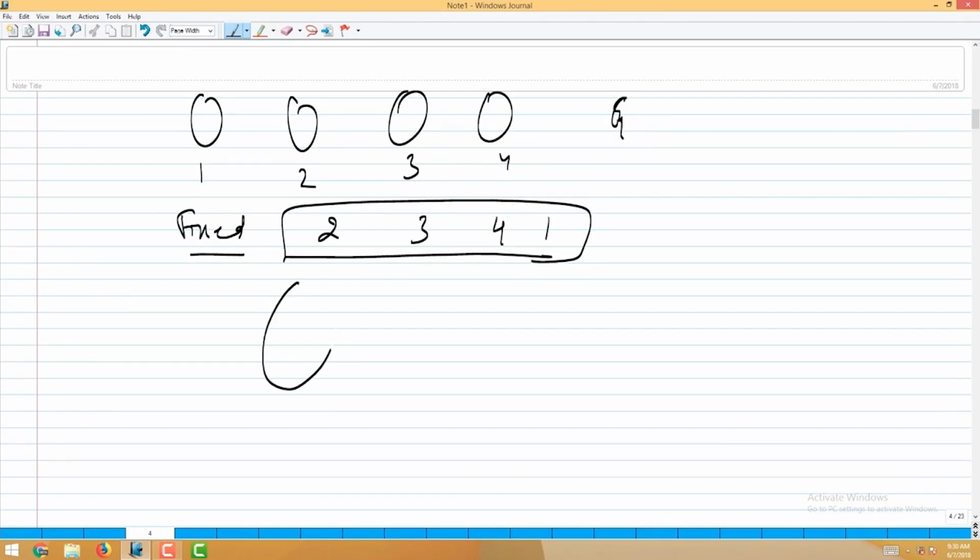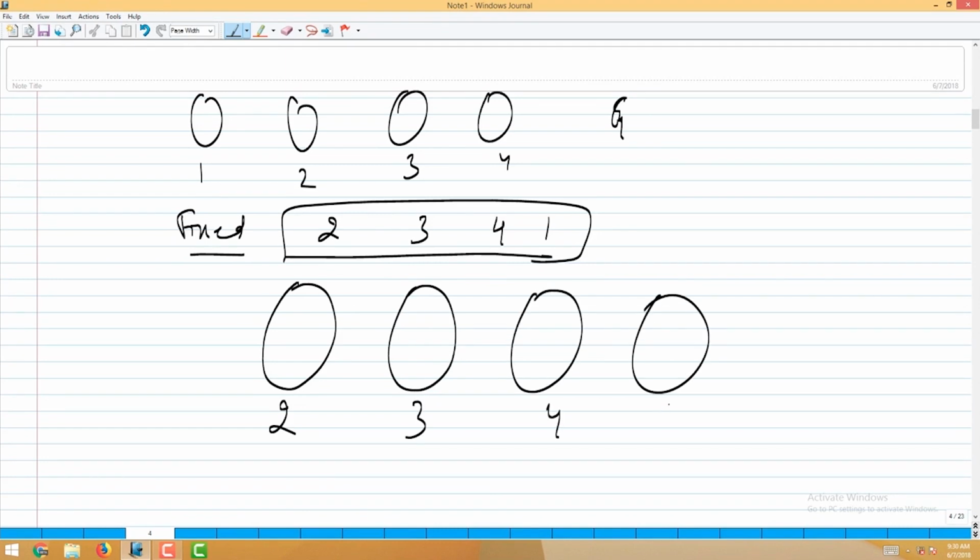So let us look at all the vertices which got color 2 in the graph, all the vertices that got color 3, all the vertices that got color 4, and all the vertices that got color 1 in G. We're looking for a path that starts from a vertex here, goes to a vertex here, then to a vertex here, and then to a vertex here.